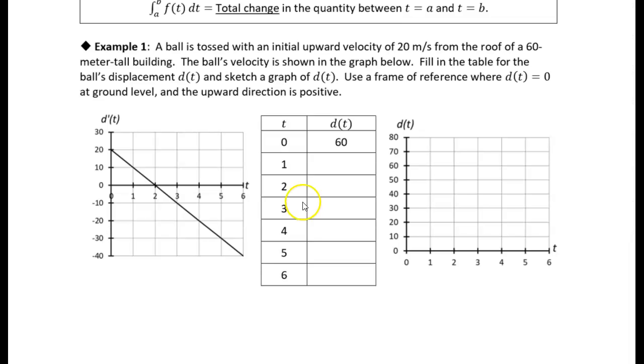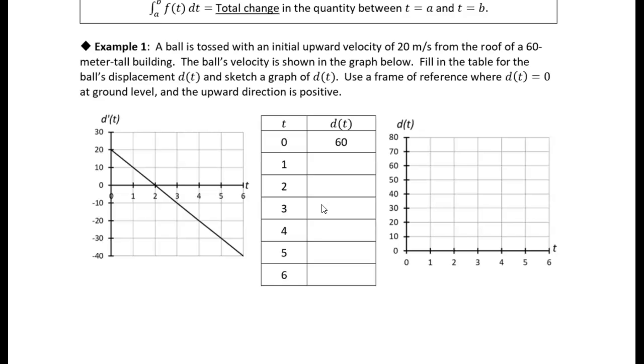So first of all, let's think about just conceptually what's going to happen here. You're tossing a ball upward at 20 meters per second, but you're at the top of a building that's 60 meters tall. Okay, so we're going to assume that we're standing at the edge of this roof, and we're tossing it upward, reaching over the edge of the roof, so that when you toss it upward, it's going to continue to fall.